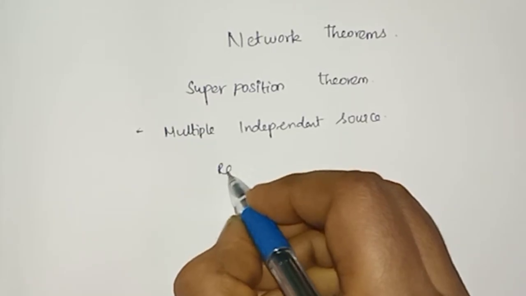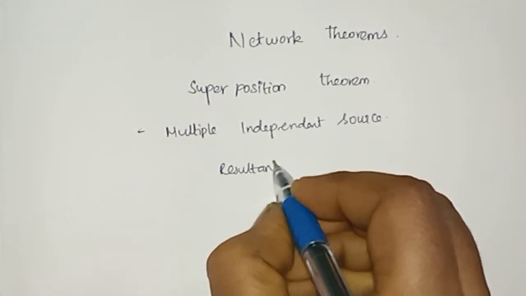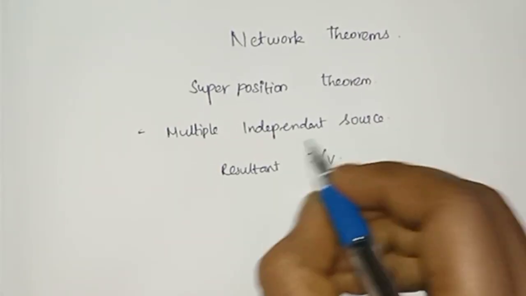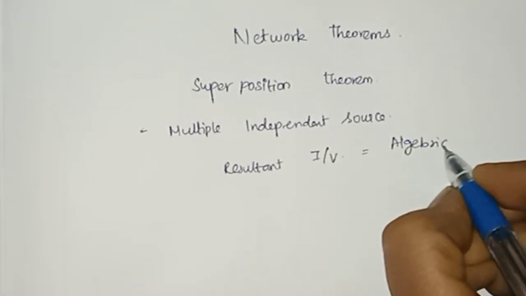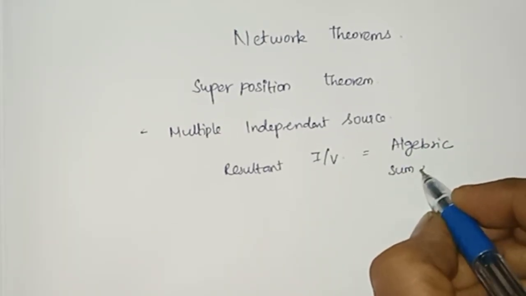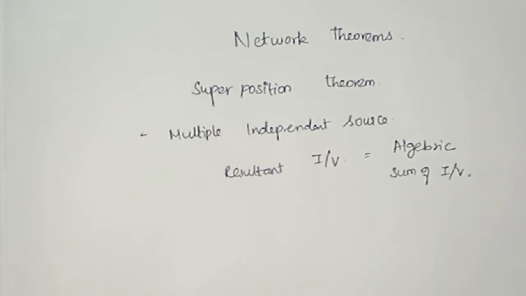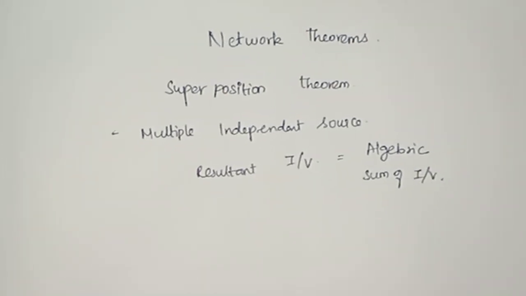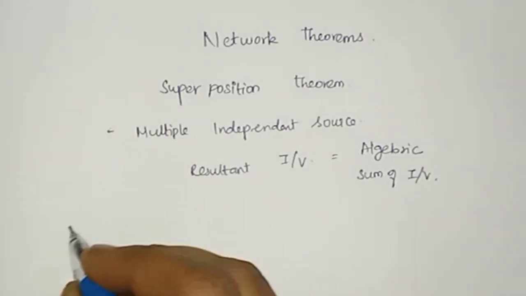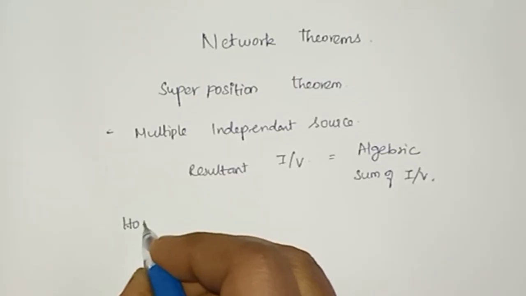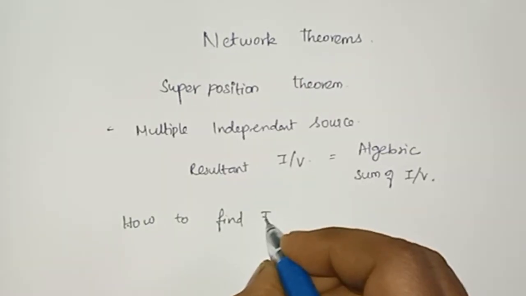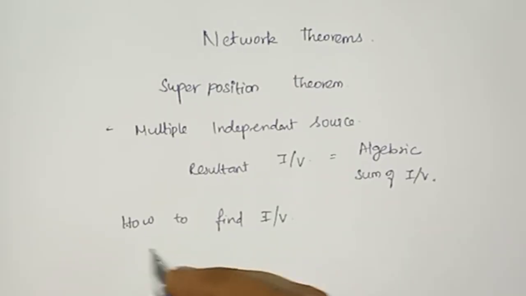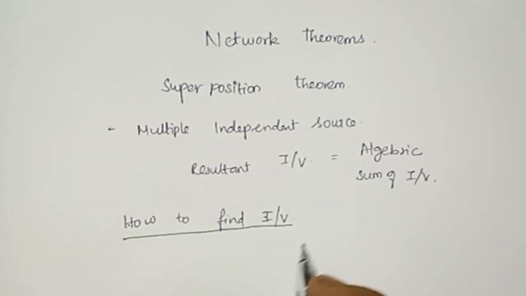The resultant current or voltage in any branch is always equal to the algebraic sum of the currents or voltages due to each independent source acting alone. This is called the superposition theorem.